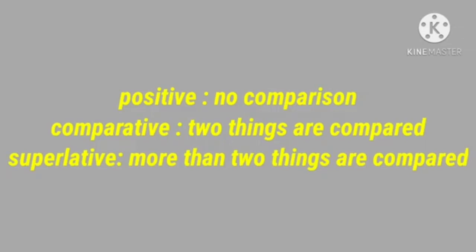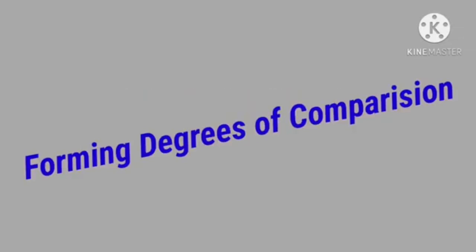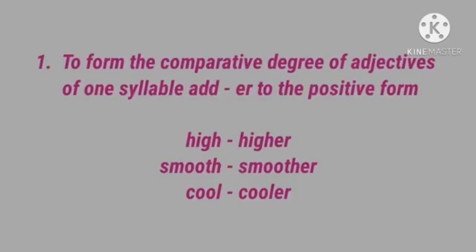Next, forming degrees of comparison. First one, to form the comparative degree of adjectives of one syllable, add er to the positive form of the adjective. Example, high, one syllable, higher.